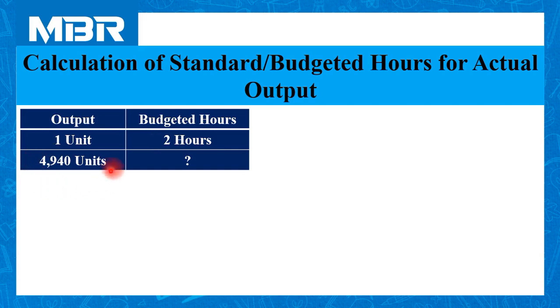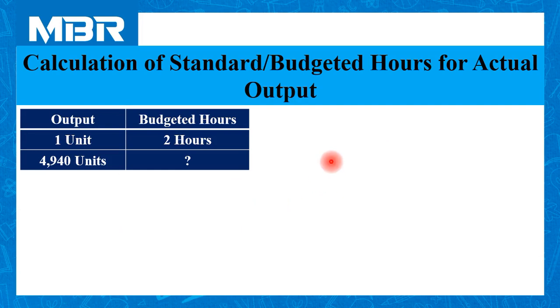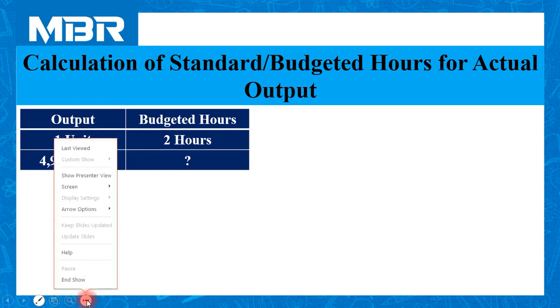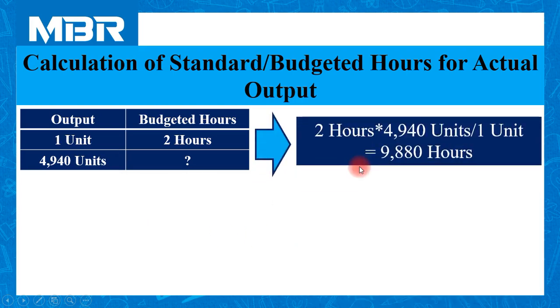And we have actually produced 4,940 units. So on the basis of this, we can easily say that we are in need of the hours, and this number of hours plays an important role in our entire calculation. It is nothing more than simple cross multiplication.